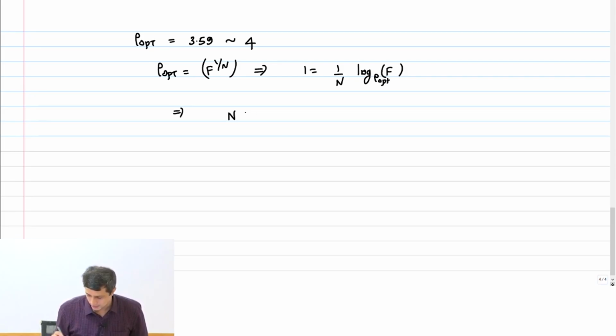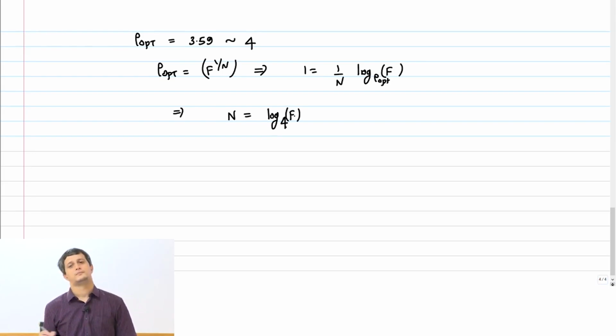Implies that the optimal number of stages is log to base 4 of f. Yeah. Correct.